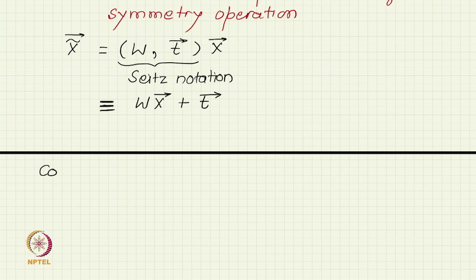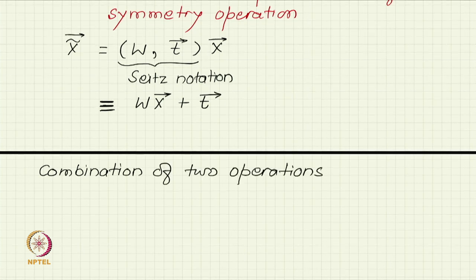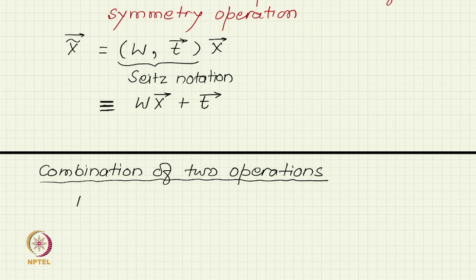Now, you can easily develop some formula which is essential for using the Seitz operator. Suppose you have two operations, W2 t2 acting after W1 t1. So, how do we multiply or combine these two operations?